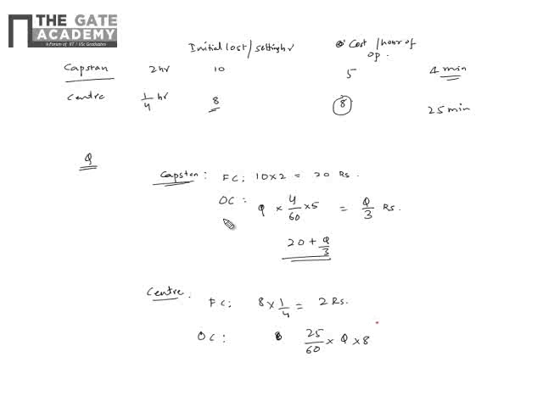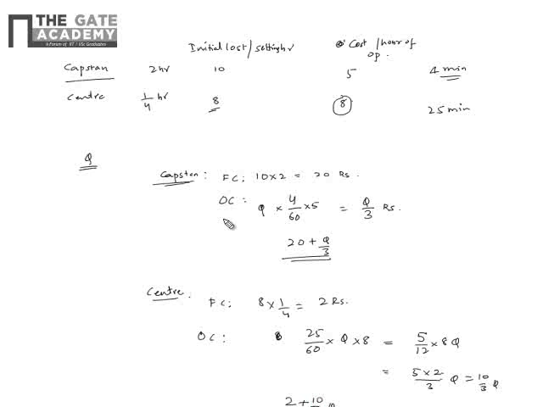So 25 by 60 into 8 into Q is the total cost. Cancelling, this becomes 10 by 3 into Q. So the total cost is 2 plus 10 by 3 Q.